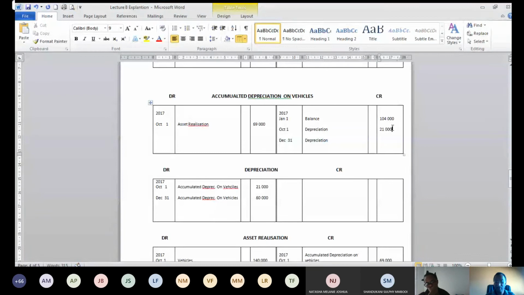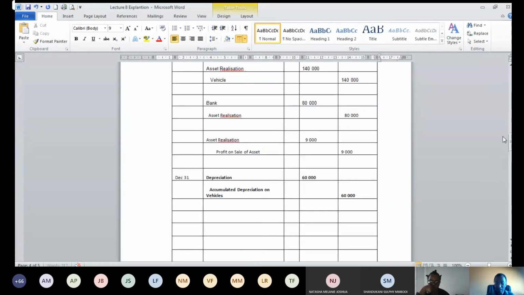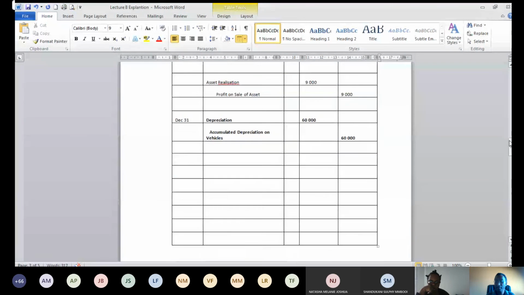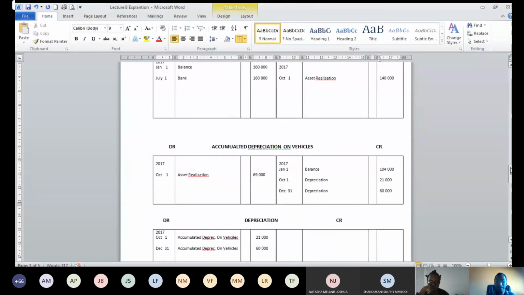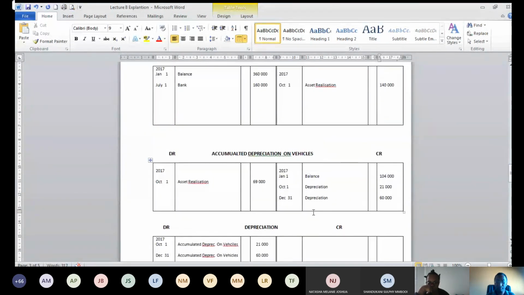The amount is 60,000 Rand. So that is the entry in the journal, guys, and that is what the entry will look like in my ledger.